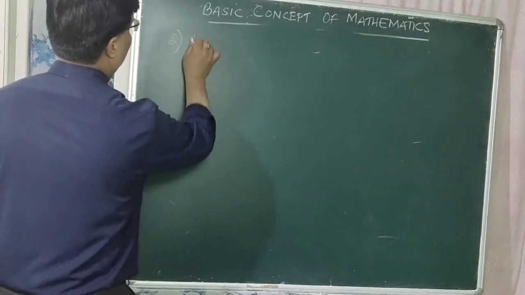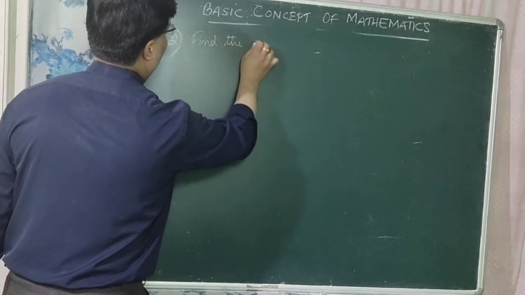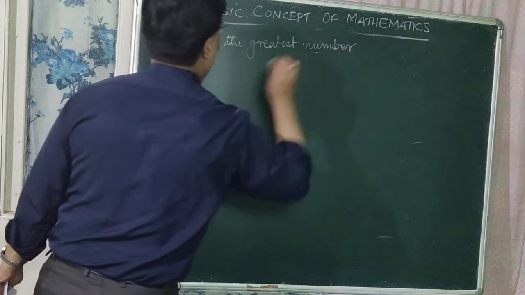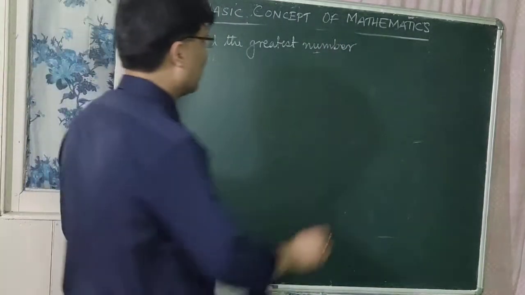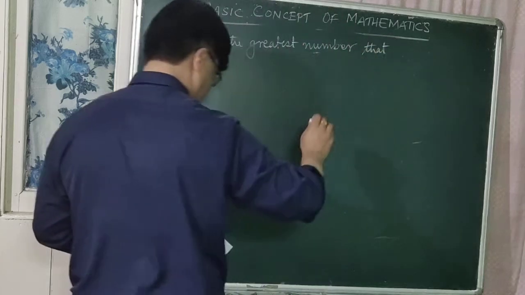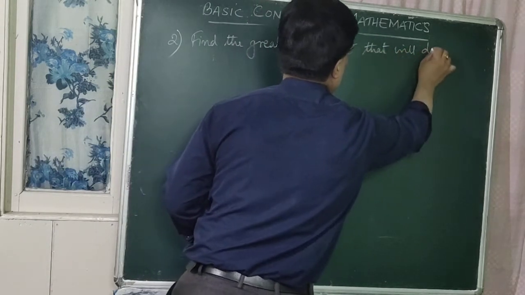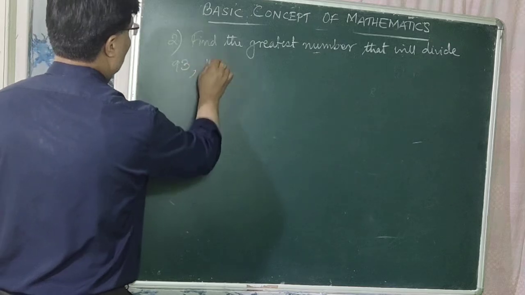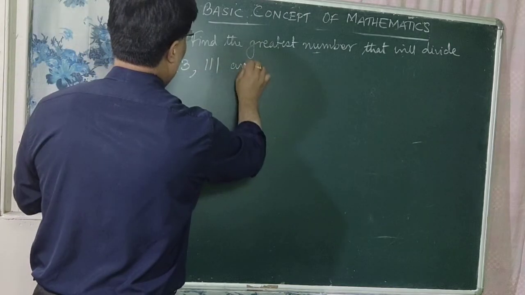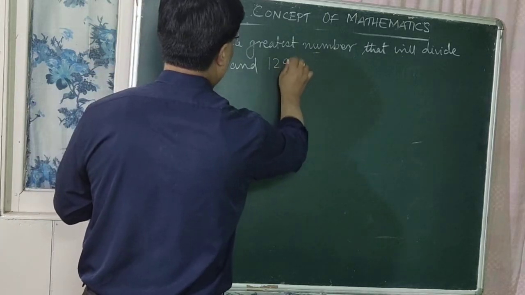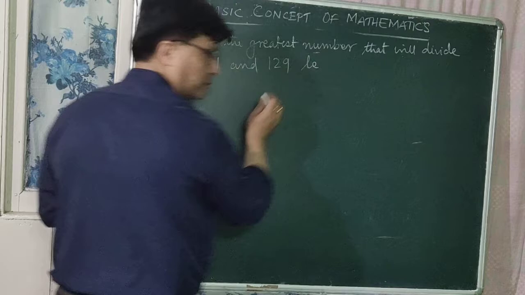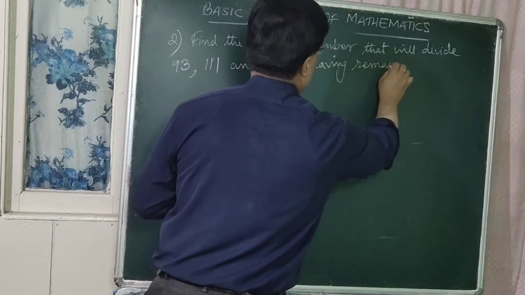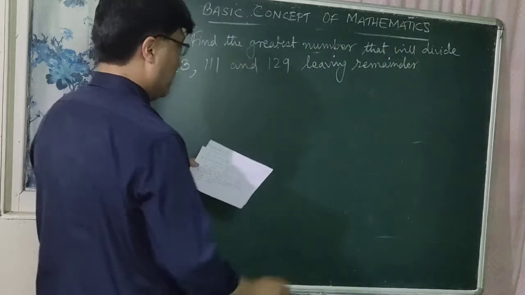Find the greatest number that will divide 93, 111 and 129, leaving remainder 3 in each case.